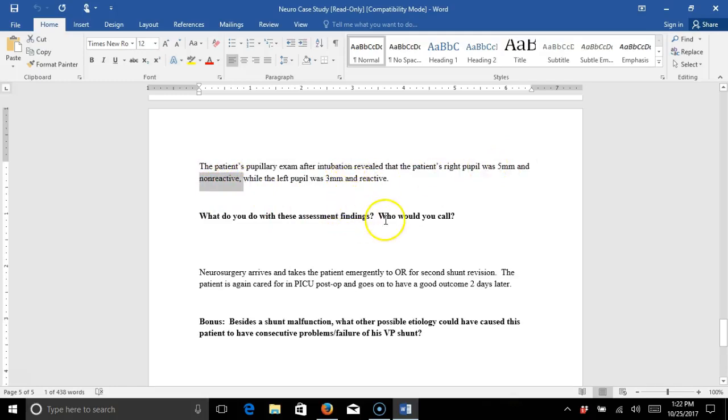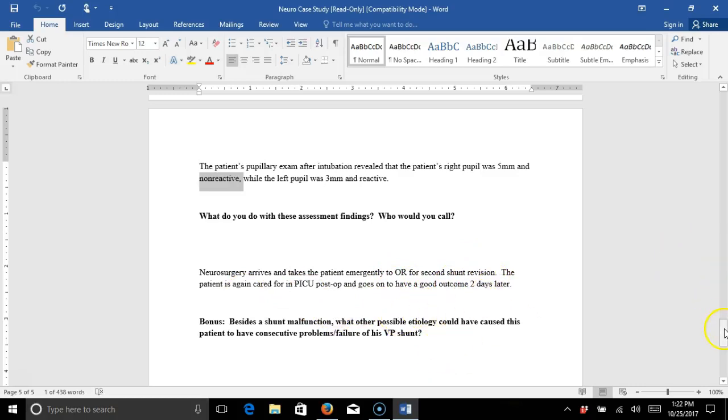So you see these type of things, and hopefully you're calling the intensivist and the neurosurgeon, because these are major red flags. Hopefully you're actually calling them before this point in time, but if now is the time, now is the time. All right, neurosurgery arrives, takes the patient emergently from PICU to the OR for a shunt revision again. Patient is again cared for in PICU and then goes on and has an unremarkable stay.